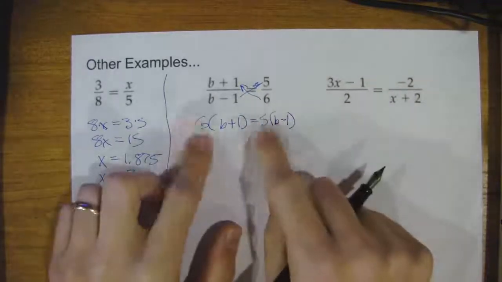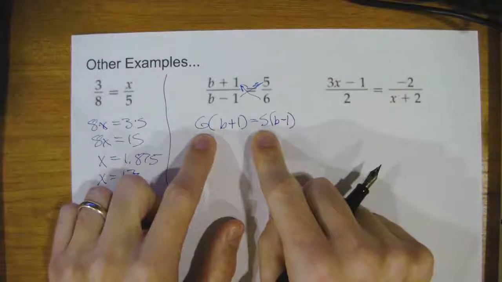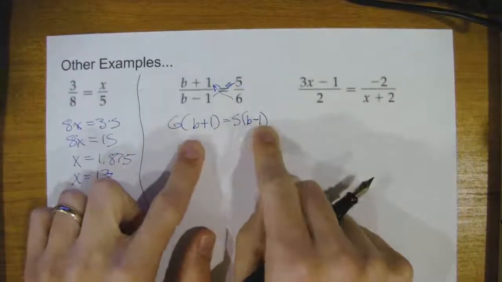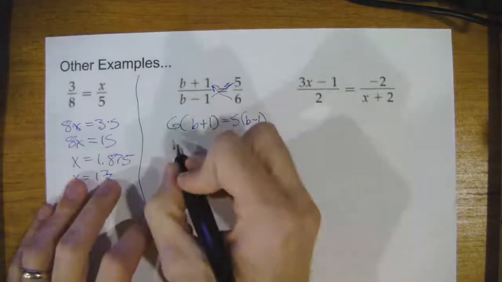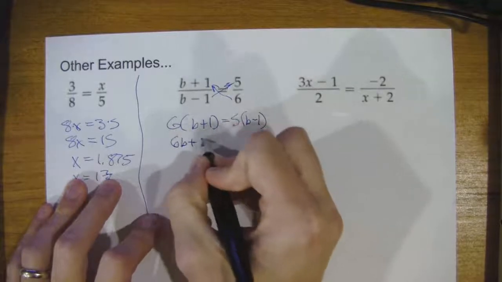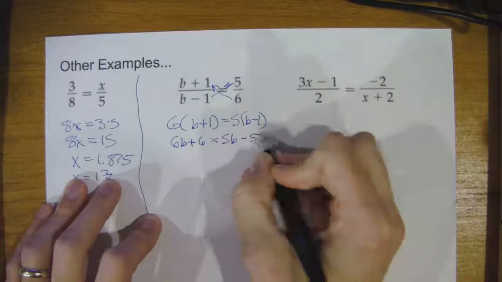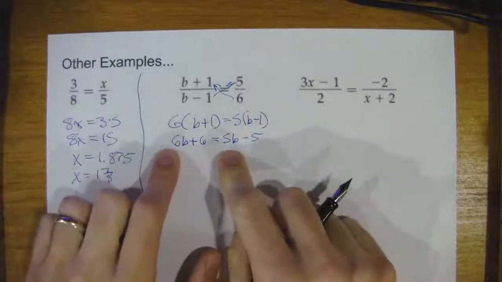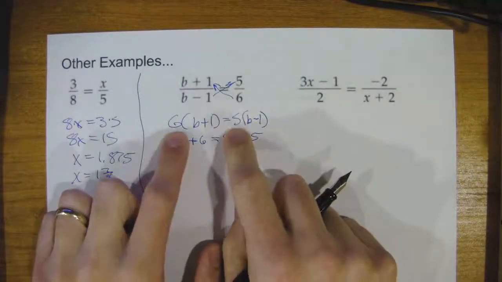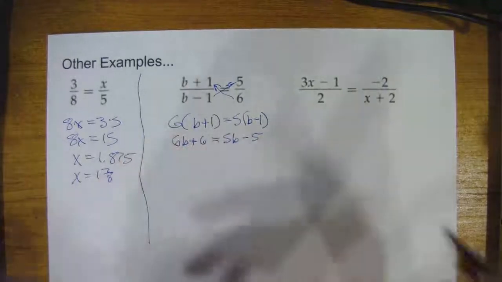Now notice in this case, 5 and 6 don't divide very well, so I'm going to go ahead and send those through. We'll distribute in both cases. So 6b + 6 = 5b - 5. And again, the only reason I do this is because they don't divide well. If they divided well, then I'd go ahead and do that. In this case, we'll keep going.